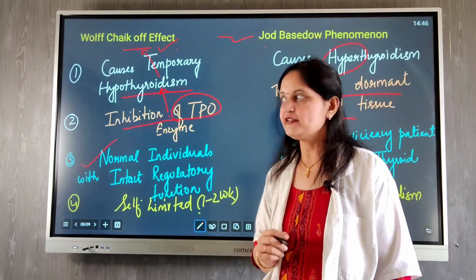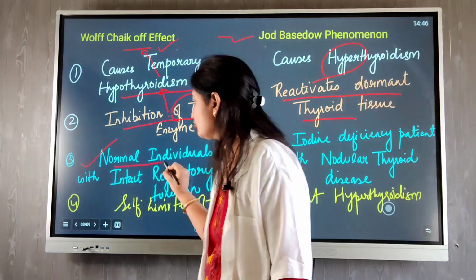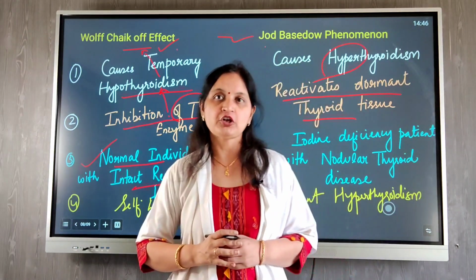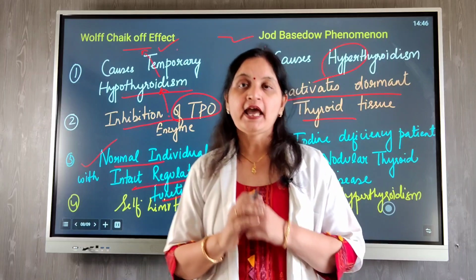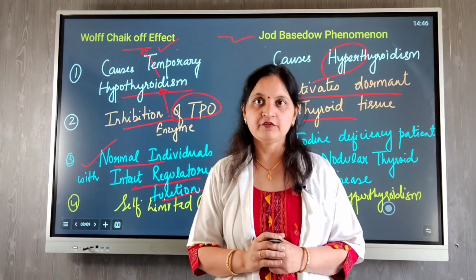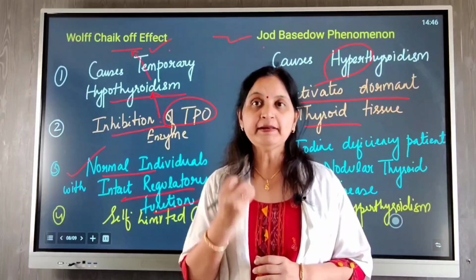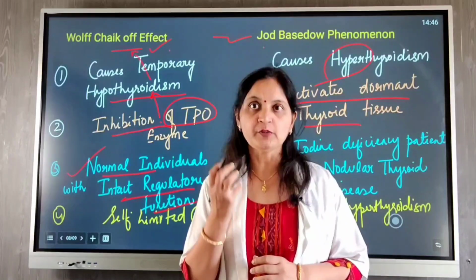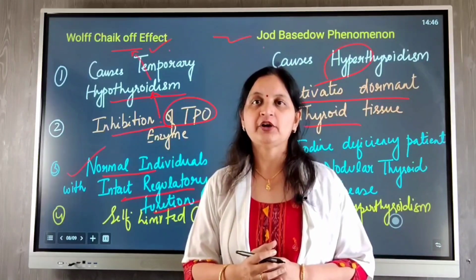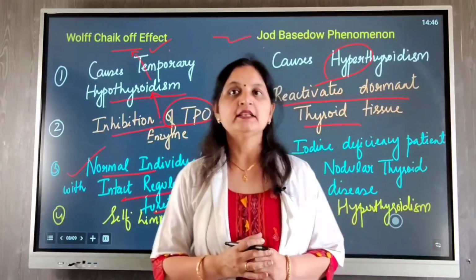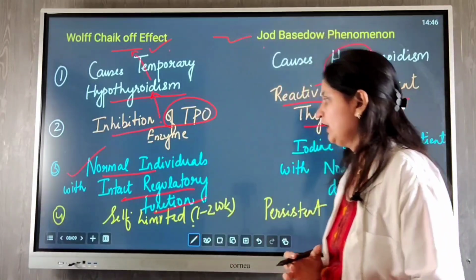Now, the Wolff Chaikoff effect occurs in normal individuals with intact regulatory functions. So the regulatory function of the thyroid gland is intact, and this happens in a normal individual. Whereas in Jod Basedow's phenomenon, the thyroid gland functions independently, there is autonomous functioning of the thyroid nodules leading to excessive T3 and T4 hormone that are released into the circulation.